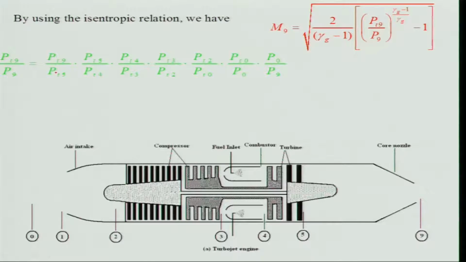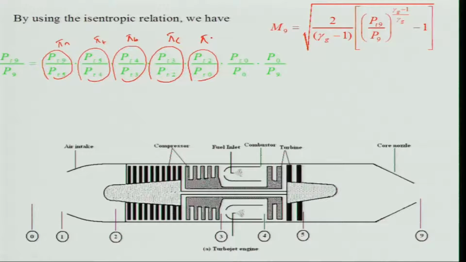If you look at p_t9 by p_t5, this portion is pi nozzle, p_t5 by p_t4 is pi turbine, and p_t4 by p_t3 is pi b, the burner. p_t3 by p_t2 is pi c, p_t2 by p_t0 is pi d, and this is pi r.